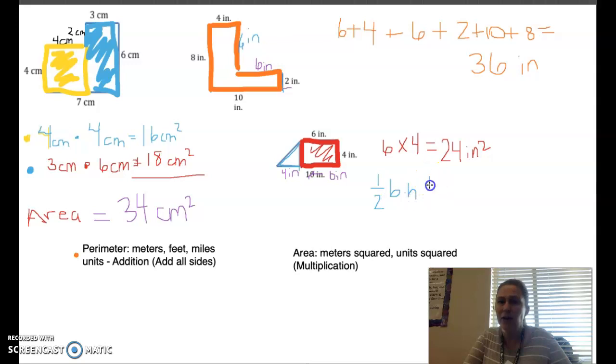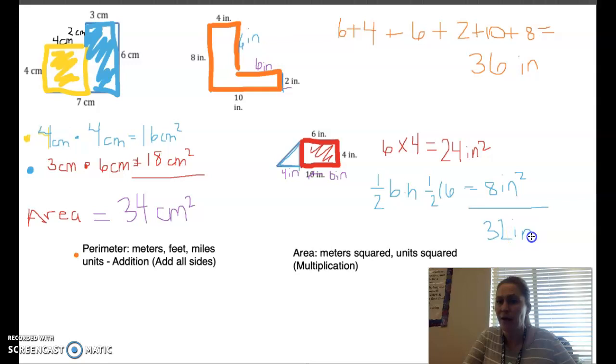For this one, it's going to be 1/2 of 16, because my base times my height is 4 times 4. So 1/2 of 16 is 8, so this equals 8 inches squared. So the area of that triangle is 8 inches squared. And now I just add these two. Okay, so 24 plus 8 makes 32 inches squared.